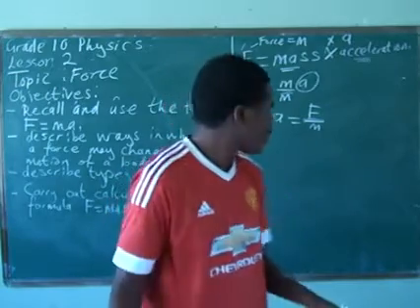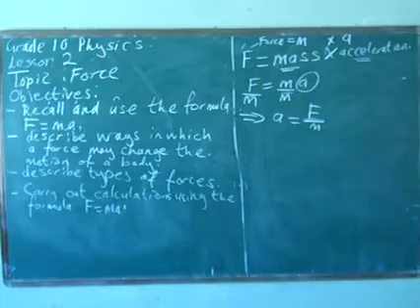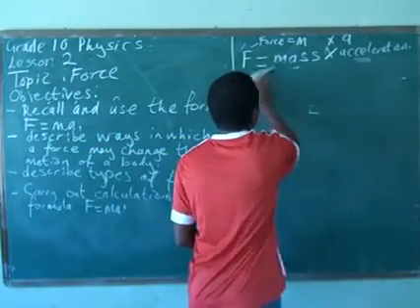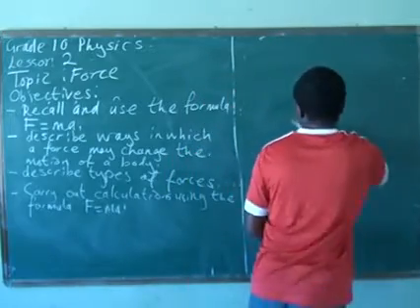Okay, welcome back. So now we want to carry out calculations using the formula F is equal to ma. We will change it, right, depending on the type of question that we have been asked.